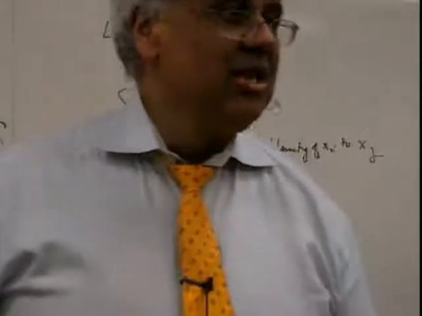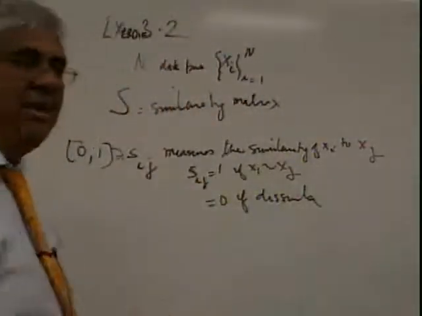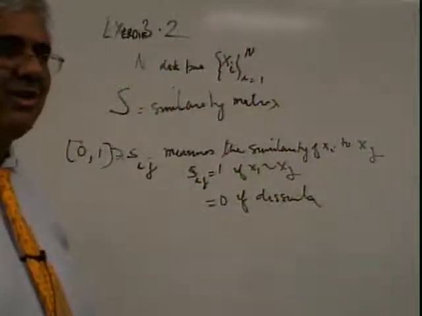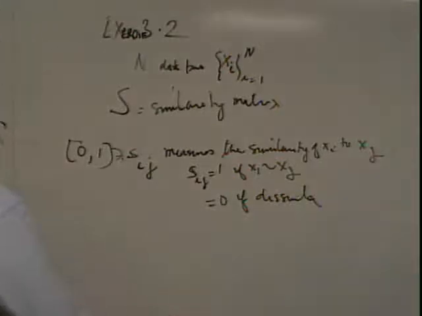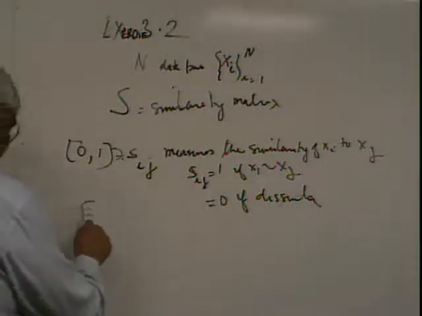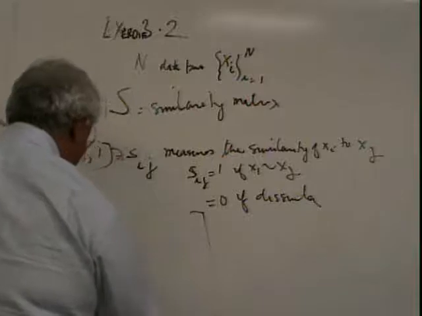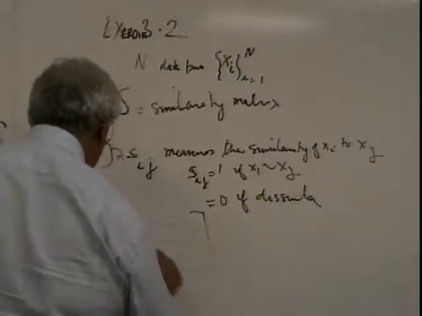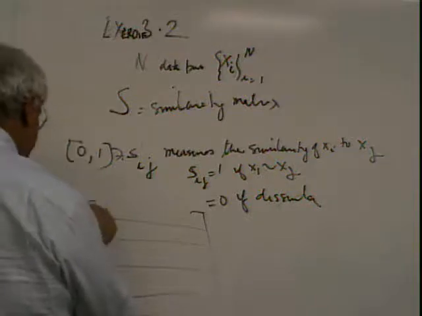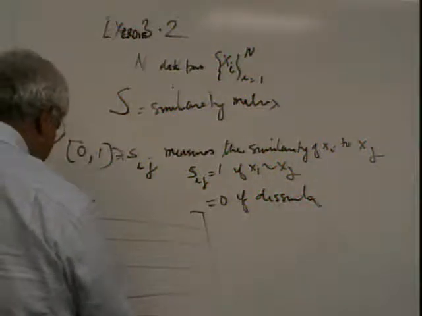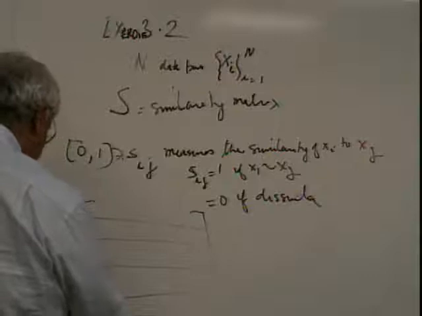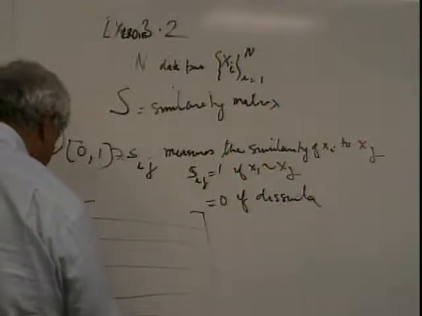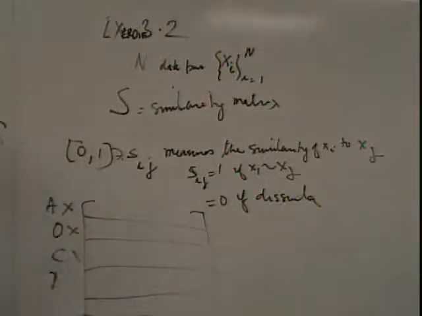And then you ask yourself, if somebody gives you the similarity, people build these similarity matrices all the time. So there are n classes of things here. In recognition schemes, you have apples, oranges, cats, dogs, whatever these classes are.